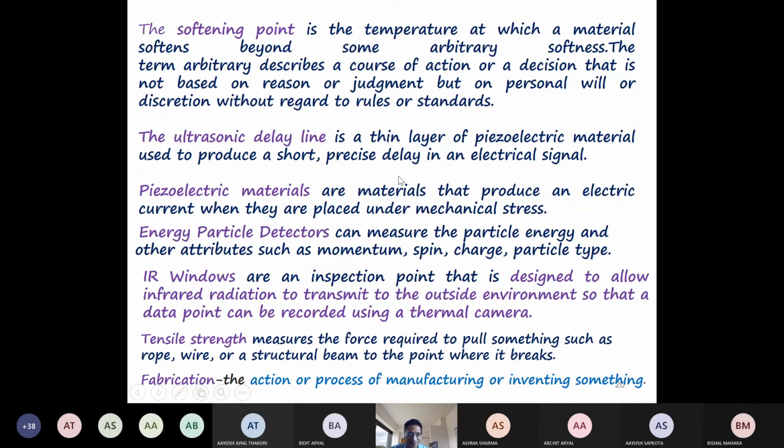I have given the meanings of all the terms used in the application of network sulfur: softening point, ultrasonic delay line, piezoelectric materials, high energy particle detector, all given.